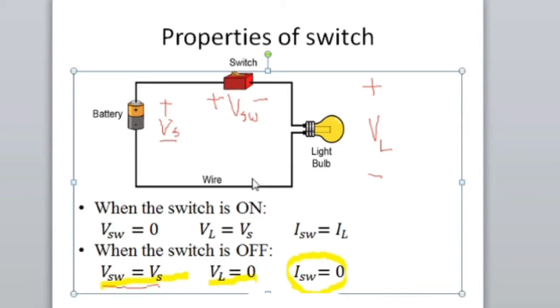Therefore, when the switch is on, the switch current depends upon the load. For example, if I keep a 60-watt bulb, you will get one value of current. If I keep a 100-watt bulb, you will get a higher current value compared to the first one. When the switch is on, the current passing through the switch is decided by the load.